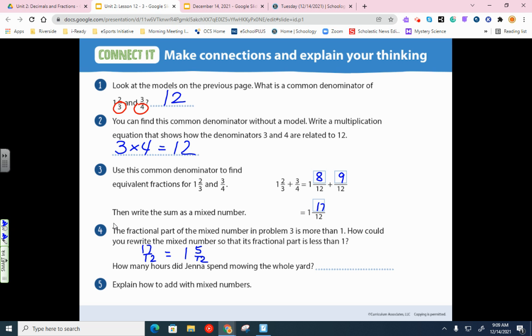How many hours did Jenna spend mowing the whole yard? Well, 1 plus 1 5/12 equals 2 5/12. Explain how to add with mixed numbers. Pretty simple. We always start with find a common denominator.